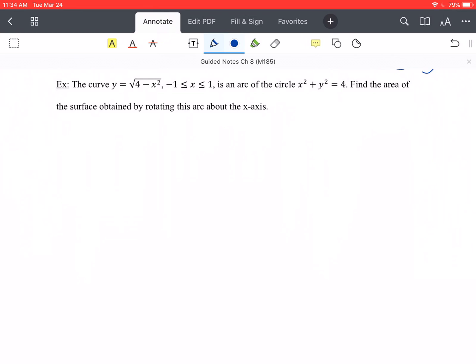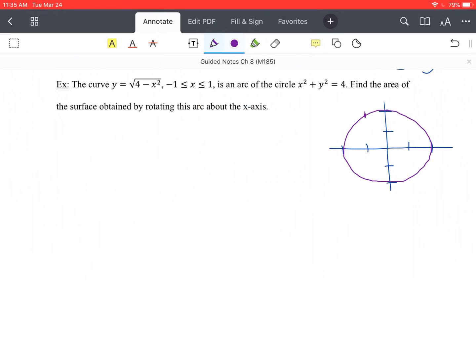Okay, so let me just draw a little diagram here. So normally we would have, so let me go ahead and just make our circle here, and I'm going to be taking off some portions of this. So there's our circle, but we only want the arc of the curve on the top portion. That's the positive square root section, and we only want it from -1 to 1.